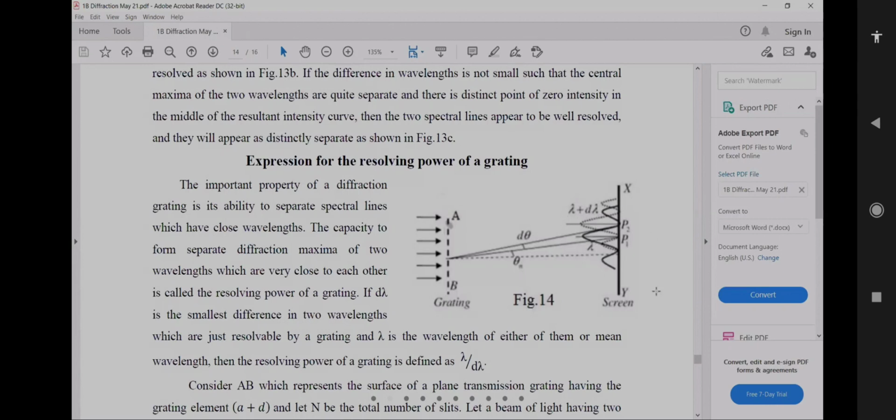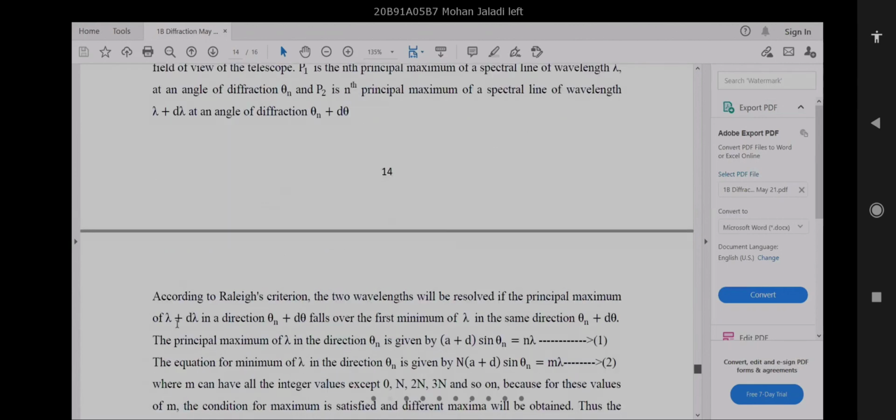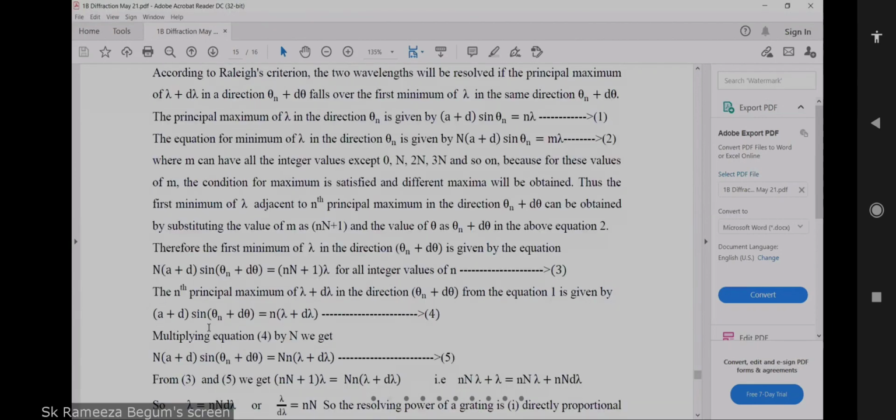We substituted these two in equation 2 and equation 1, then you will get the fourth equation: (a plus d) sin(theta n plus d theta) is equal to n into (lambda plus d lambda). Multiplying this equation 4 by capital N, then you will get the required equation.